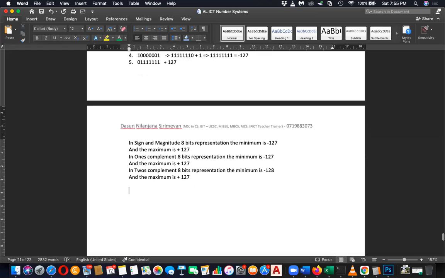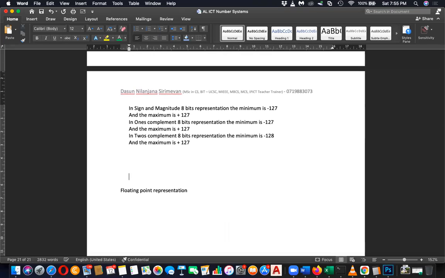Okay. So let me go to the topic. The topic is floating point representation. Floating point representation means, if you have a number like 2343.65, you can write the same number as 2.34365 times 10 to the power 3.